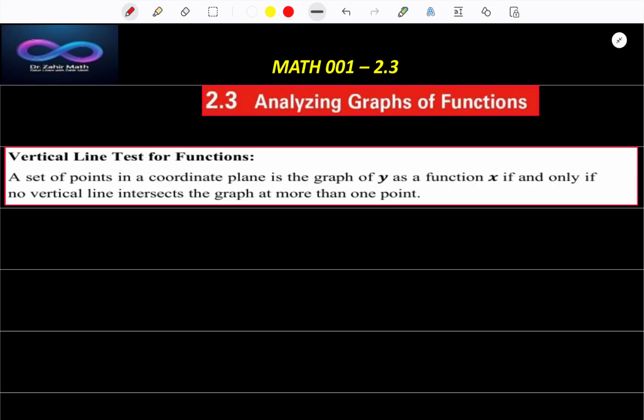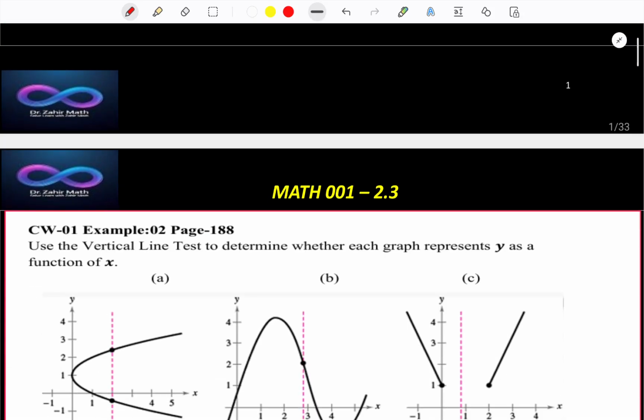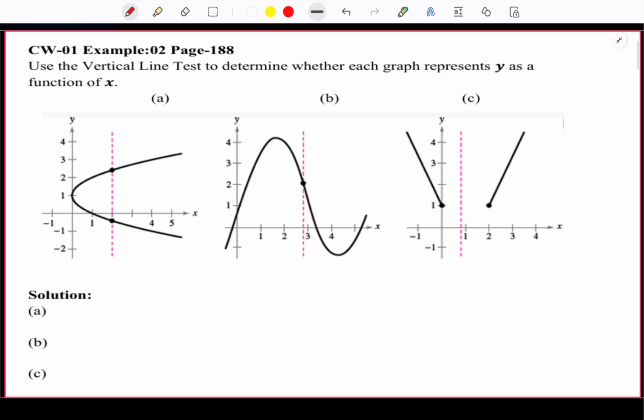Exercise 2.3, analyzing graphs of functions. The first question: we are going to check whether the given graph or sketch is y as a function of x. In the last exercise, I taught y as a function of x by giving equations.